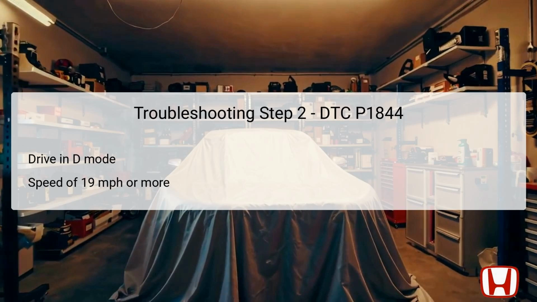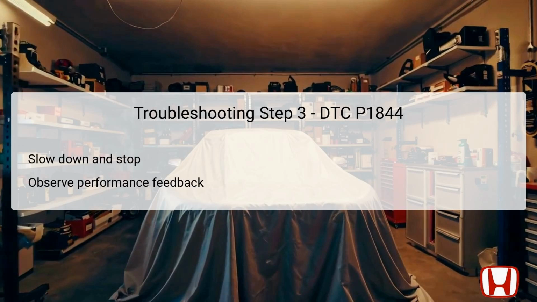Recording the output during this phase is pertinent because it assesses whether the sensor is accurately reporting the rotational direction of the drive pulley. Make sure to maintain a consistent speed to obtain relevant diagnostic readings. This driving test will help identify whether the issue lies with the speed sensor or the TCM, based on the data generated.